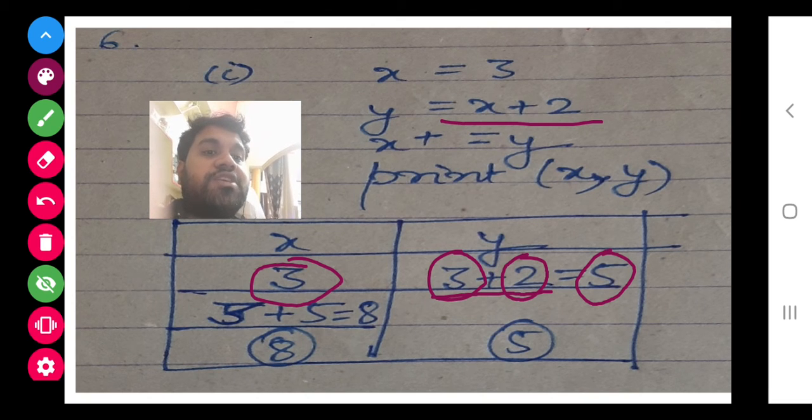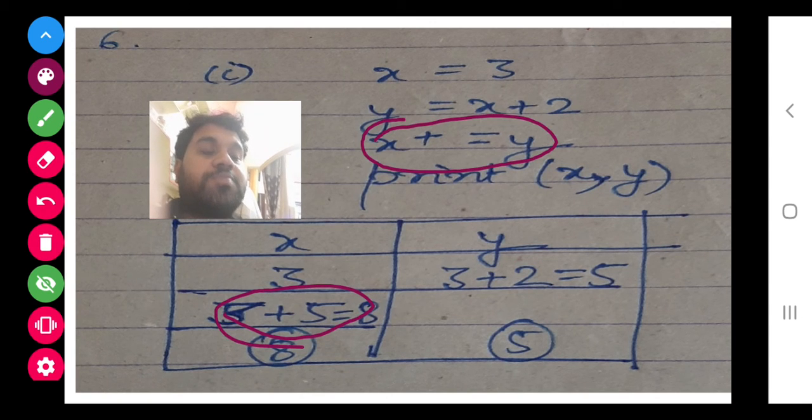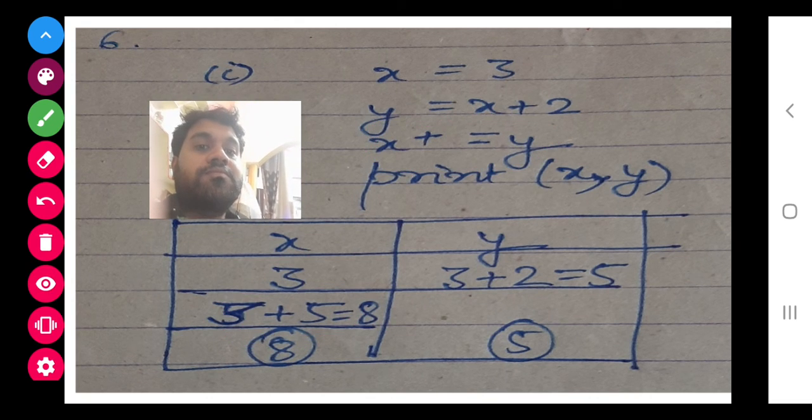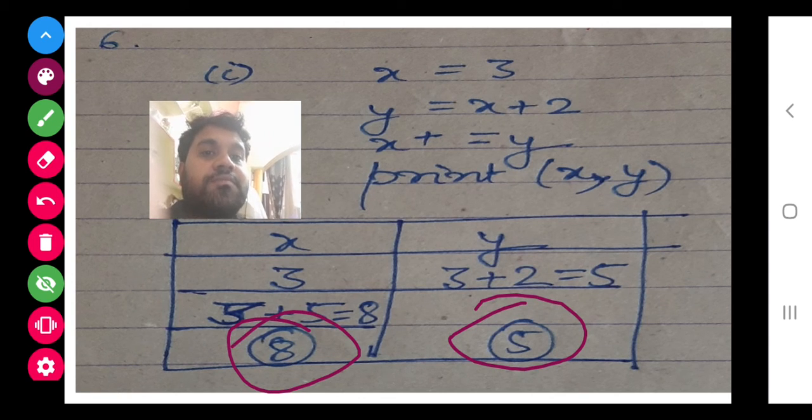What does it mean? x equals x plus y. So x will be equal to x plus y, so it will result in 3 plus 5, that is equal to 8. Now finally the answer is x equals 8 and y equals 5. So this will be the answer.